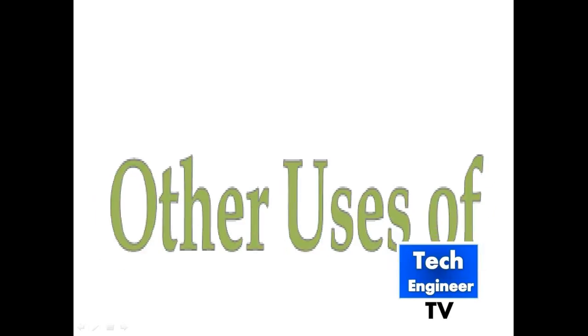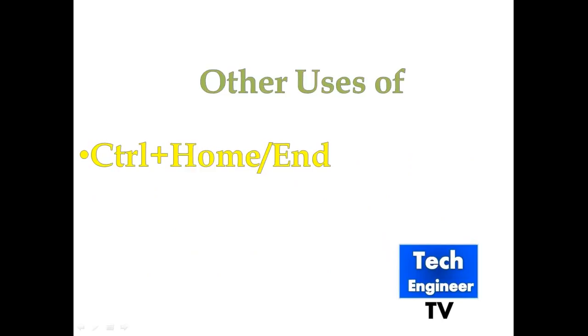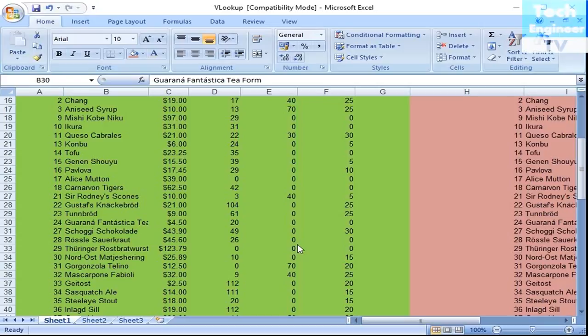Another use of Control plus right and left arrow. Let's find out the other uses of that command. For example, I put the cursor on one of the names, which is written something in a long form. Now you can see in the cursor in the cell it's not fully written, so that's why I'm putting my cursor in the function where it can be read out, which is quite important.